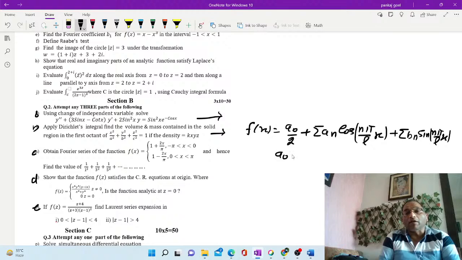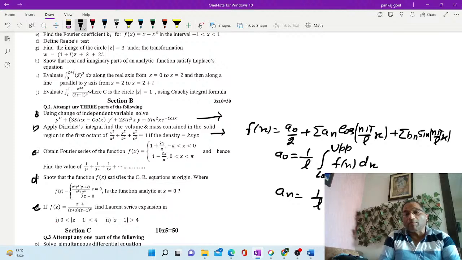And apply the formula: a naught equal to 1 upon l, lower limit to upper limit, f(x) dx; a_n is 1 upon l, again lower limit to upper limit, f(x) cos(n pi x upon l) dx.